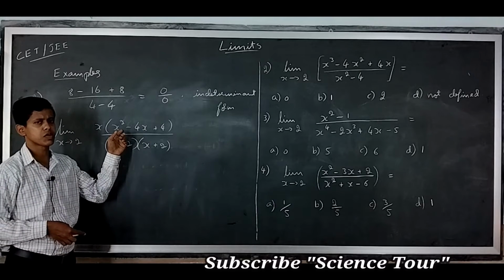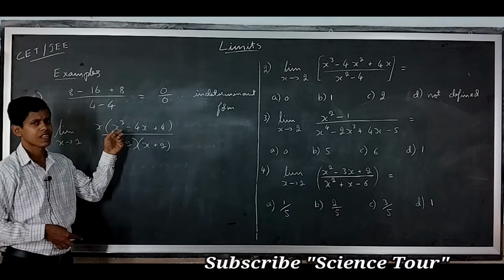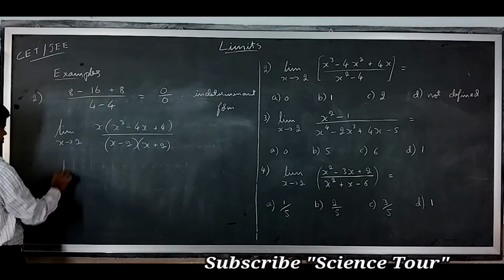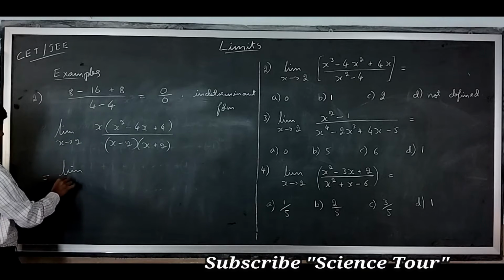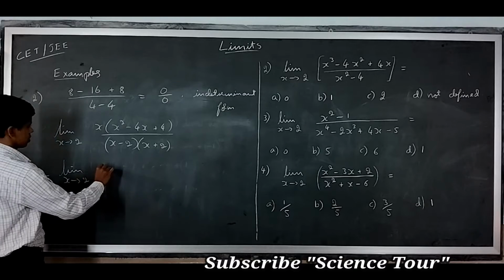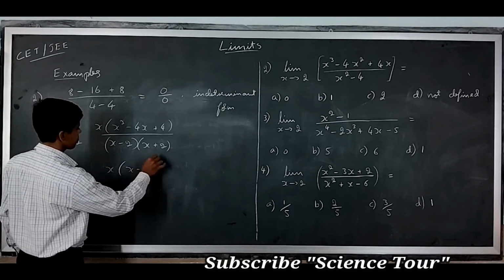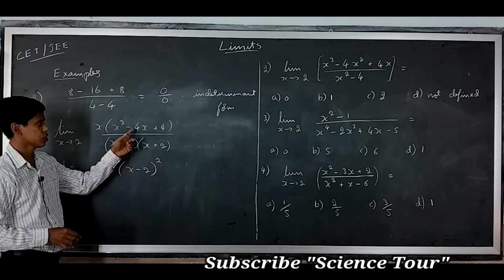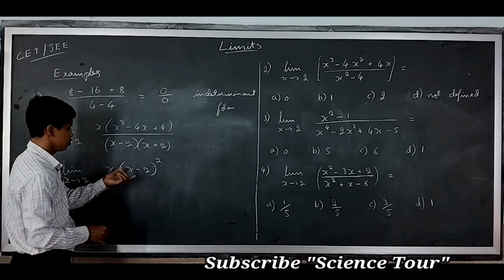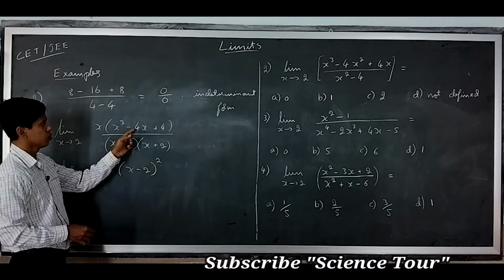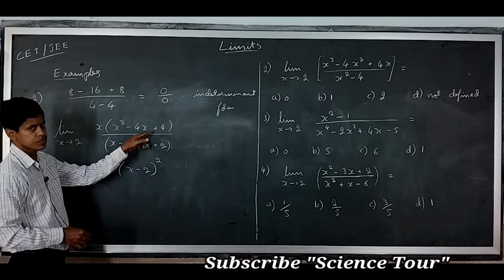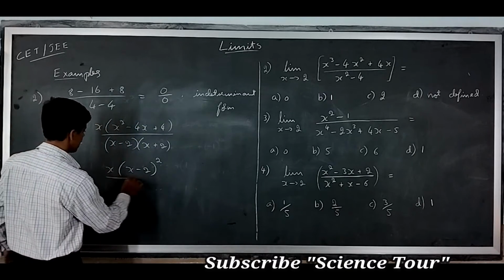Can you write this as x minus 2 whole square? Yes, you can. So let me write that. You are writing x minus 2 whole square here, or you can go for factorization. You can split this as minus 2x minus 2x, correct? You can do that method as well.